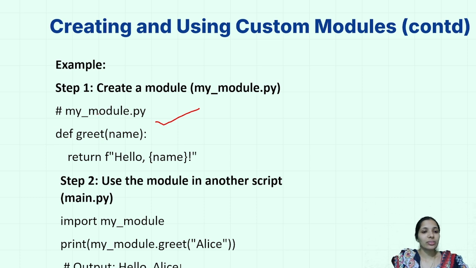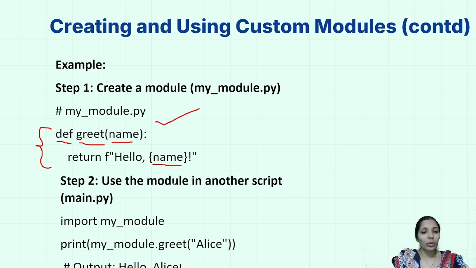The first step is creating a file. After creating the file, I will use the concept of functions, that is, function definition. Using the def keyword, greet is the name of my function and name is the parameter passed. Then I'm returning an f-string, hello, comma, the name, whatever I'm going to pass in that particular function which I have defined.